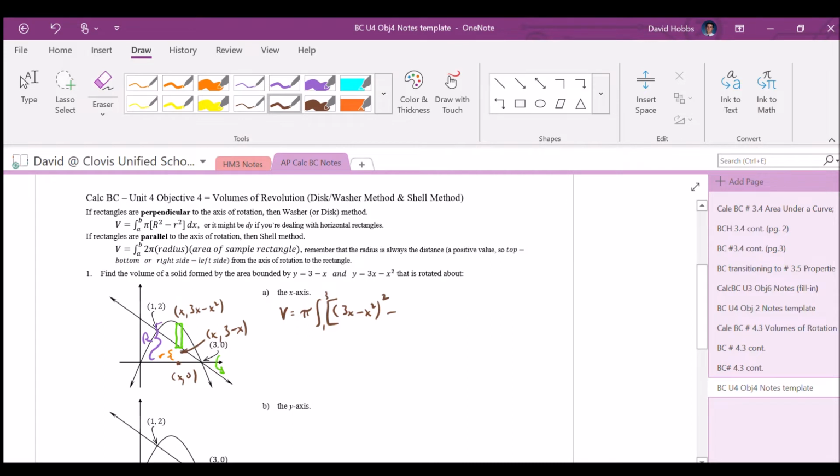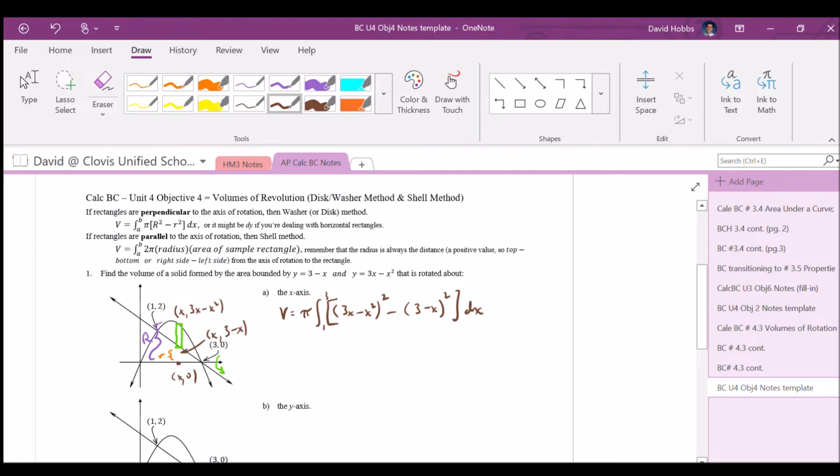Now my little r is from the near side of the rectangle to the axis of rotation, so 3 minus x minus 0 squared dx. So pi big R squared minus little r squared with respect to x in this case, and it's the definite integral from 1 to 3.